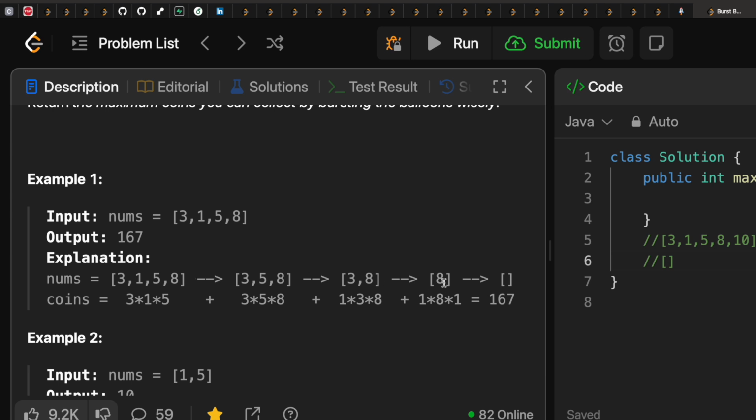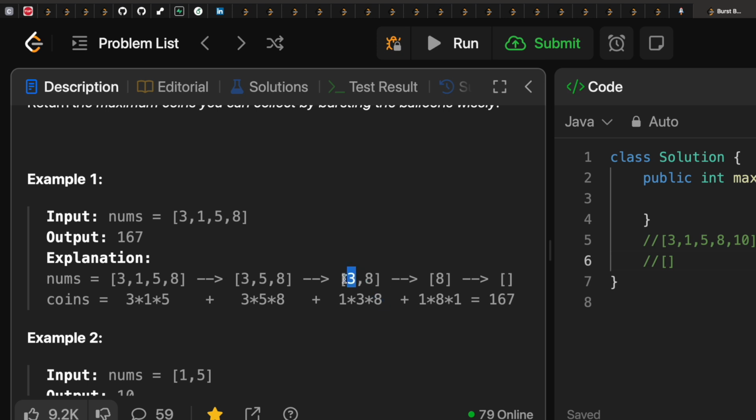So from here we can say that if we are busting it at the last, we will be having 8 as the right for this particular subarray. For 3, why are we having 8 as the right? Because we are busting 8 at the last, so for 3 we are having 8 at the right.